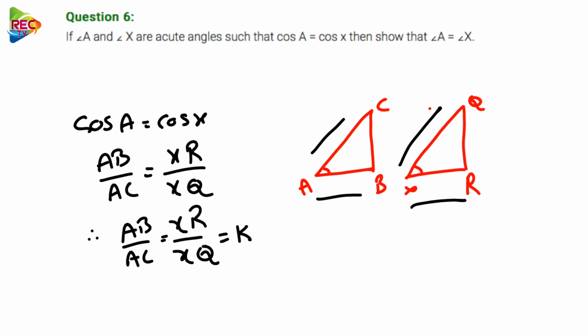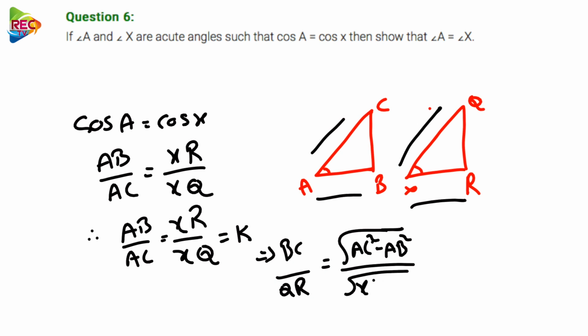By using Pythagoras theorem, BC equals square root of AC square minus AB square. Similarly, QR equals square root of XQ square minus XR square.